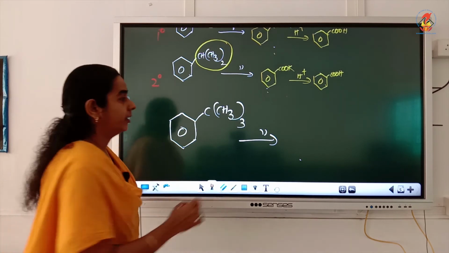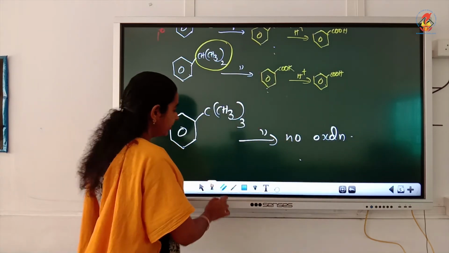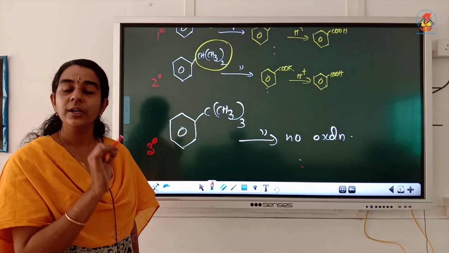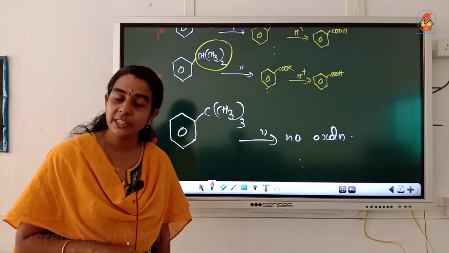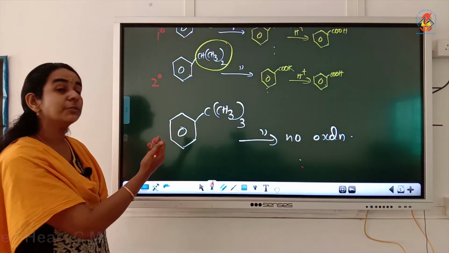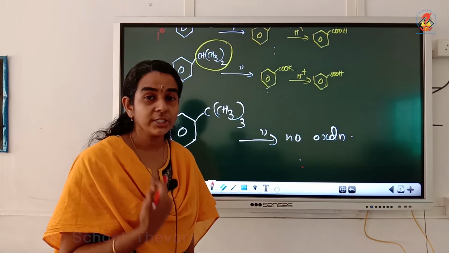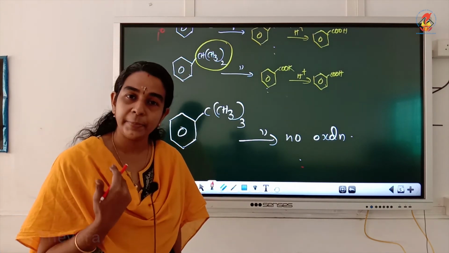No. So here no oxidation. The reason is a tertiary alkyl group is present. Except tertiary alkyl groups, all the primary and secondary alkyl groups can be easily oxidized to carboxylic acids irrespective of their length. Remember, the oxidation is vigorous oxidation, delta or heating is compulsory.